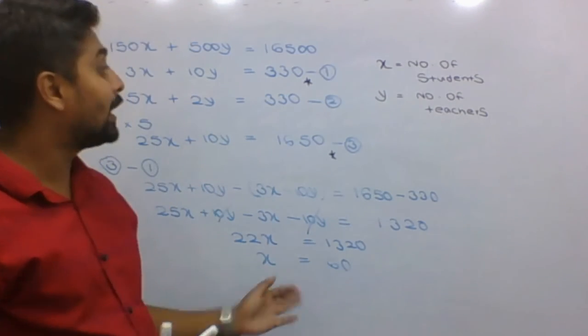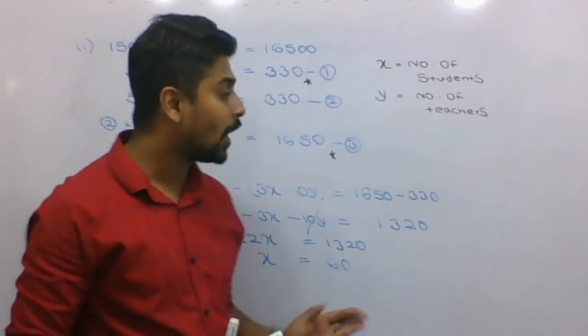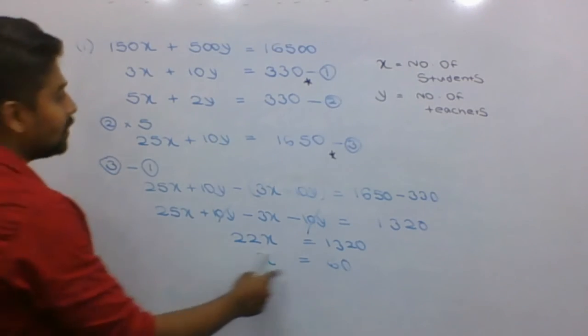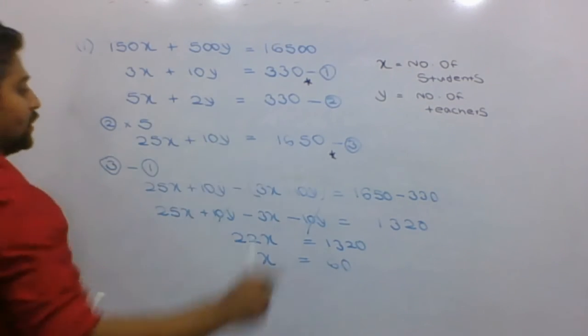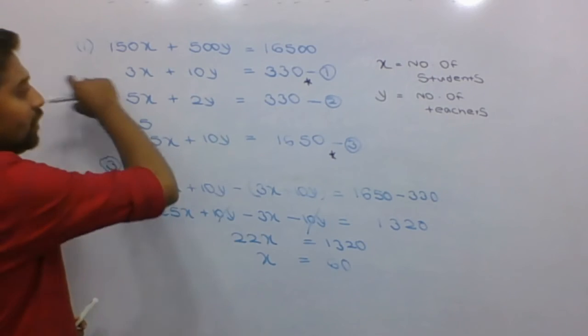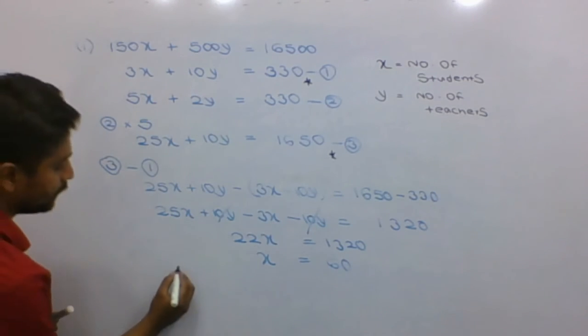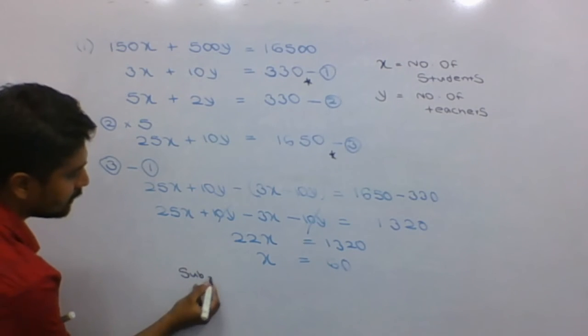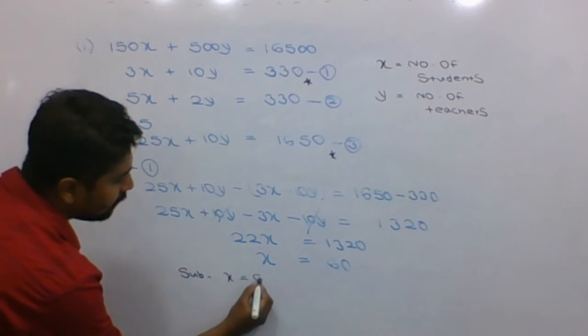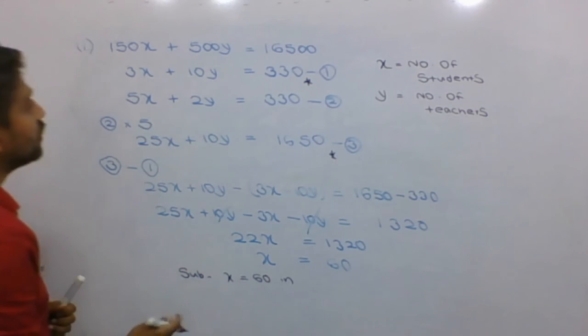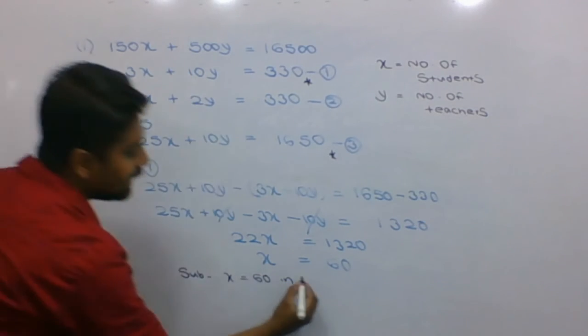So now you calculate the number of teachers, right? How to calculate the number of teachers? x equals 60. You can substitute in any of the equations. I'm going to substitute in the second equation.